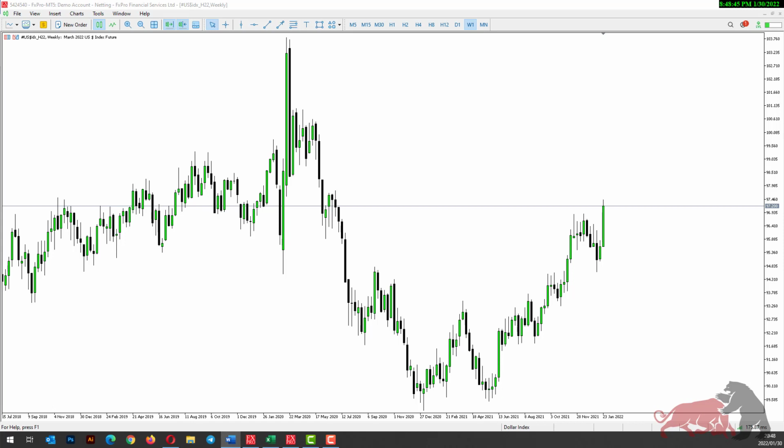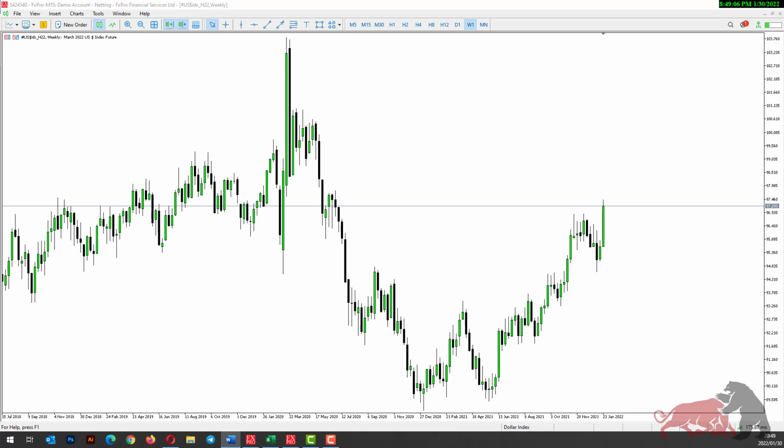So any dip to the downside must offer you great opportunities to go long. And you can see 3 weeks ago, dollar dipped into discount, filled the fair value gap, and then rallied to the upside during FOMC, right? During the Fed rate decision.